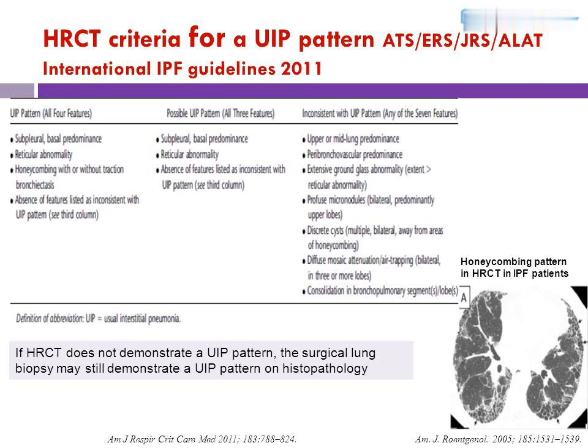If HRCT does not demonstrate a UIP pattern, the surgical lung biopsy may still demonstrate a UIP pattern on histopathology. Am J Respir Crit Care Med 2011, 183:788-824. AJR Am J Roentgenol 2005, 185:1531-1539.